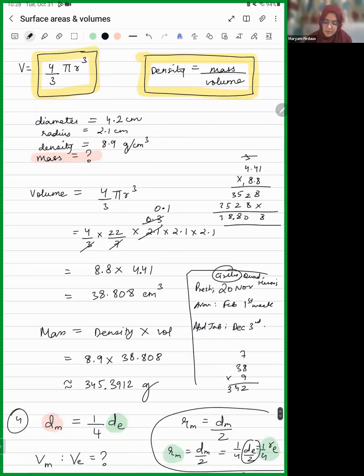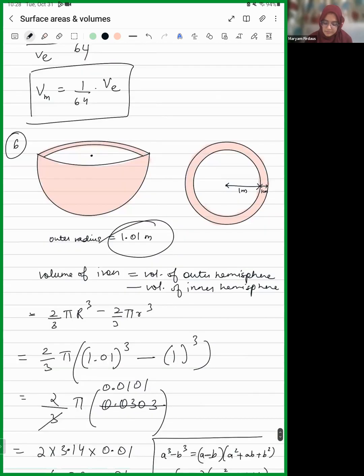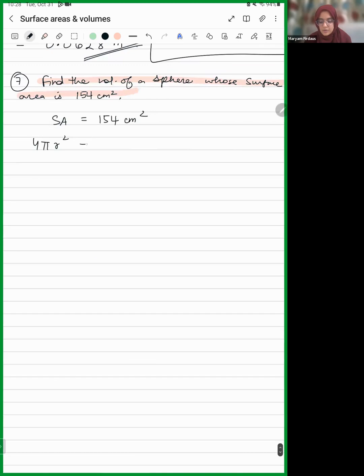So yes, 4 pi r square is equal to 154 centimeter square. Now, I'm not going to substitute these values. What I'm going to do is write r is equal to 154 by 4 pi, whole to the power 1 by 2.